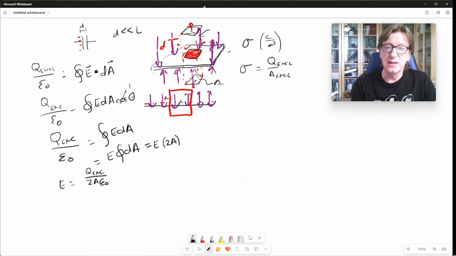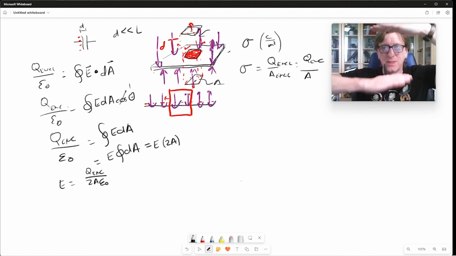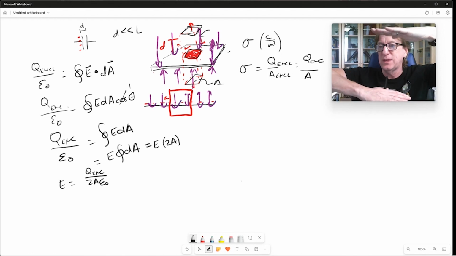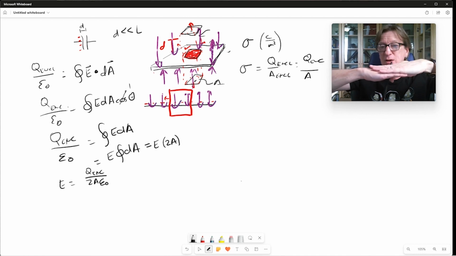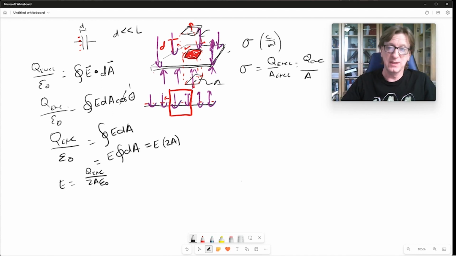So in this case, I can say Q enclosed over area because it's all the same, not because it's the same thing. These are the areas for the Gaussian surface. This is the area for the charge that's enclosed within that Gaussian surface. It may not seem like an important distinction, but it will eventually, so keep that separate.